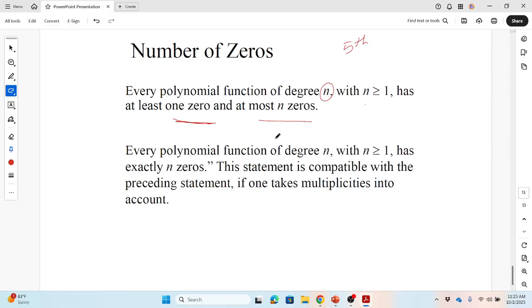If you count the multiplicity, every polynomial function of degree n has exactly n zeros. For example, let's say this is the polynomial. What is the zero of this polynomial? 1. But because it's repeating twice, you can say that there are 2 zeros if you count the multiplicity.